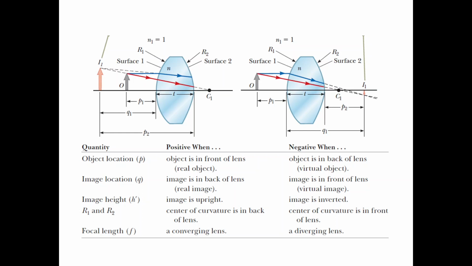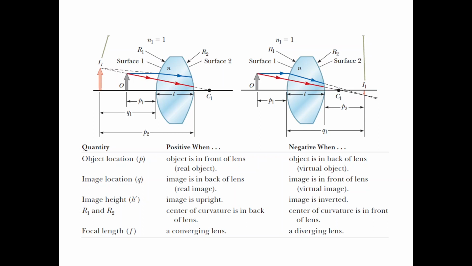Who will tell me, is this a real or imaginary image? Imaginary image, because we do not have a cross of the refracted rays, so they do not cross here. That's why we need to extrapolate them and see the point of convergence. And the image is located on the same side as the object.